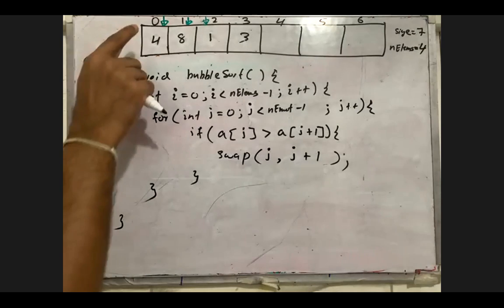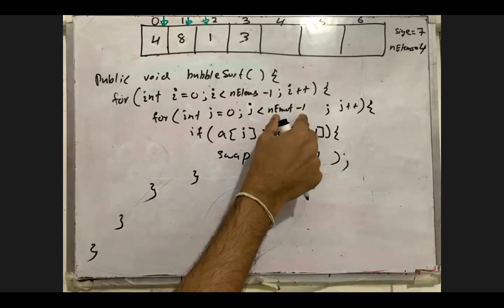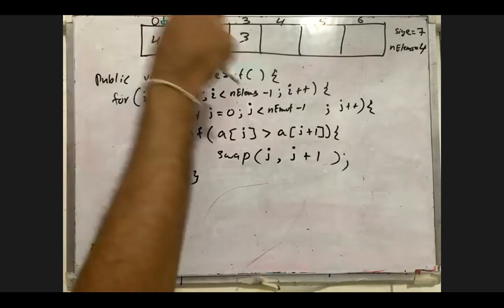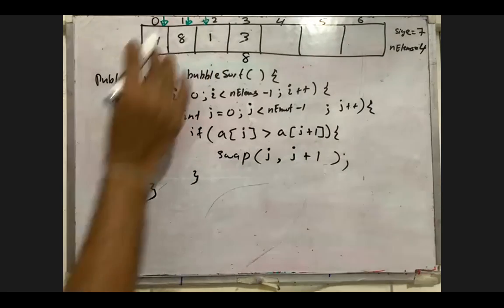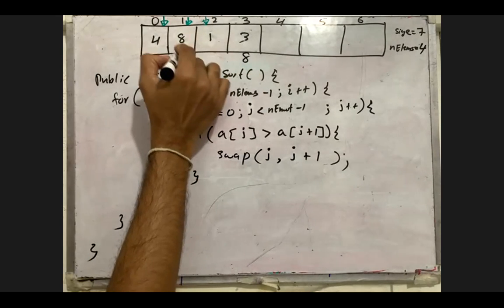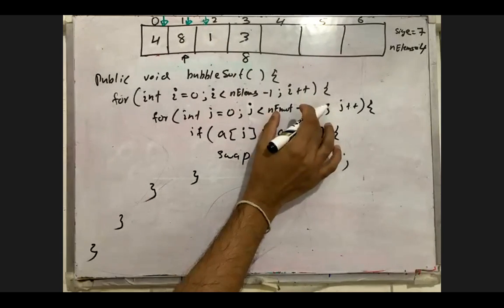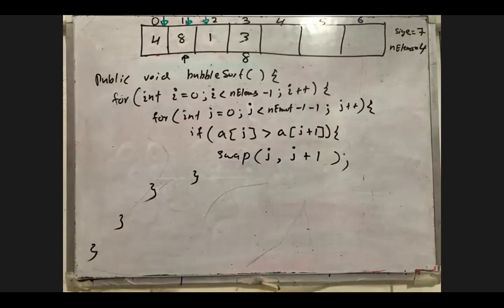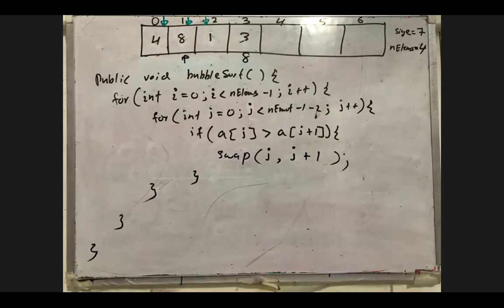Okay, I told you the first iteration should go number of elements -1. So number of elements -1, this one. The second iteration, when you come to the first iteration, that 8 comes to here. The largest value comes to here. Then what you have to do, you need to go up to this location. Do not go here. That means the second iteration, you need -1 -1. Third iteration -1 -2. Likewise, you have to change.